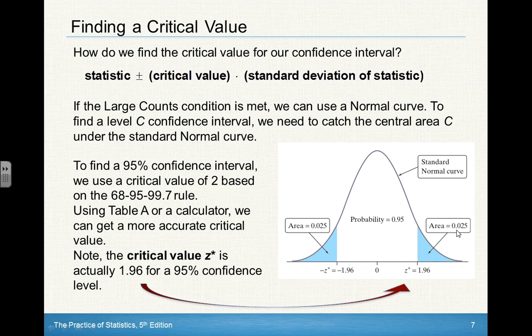I could then look up 0.025 in the middle of the chart, work my way out to see that it's negative 1.96. If you add these up, you get 0.975. If I look up 0.975 on the chart, I get 1.96. Now the critical value is the positive number there. So even if I just looked this one up, just strip it of the negative, and that's the critical value, 1.96.